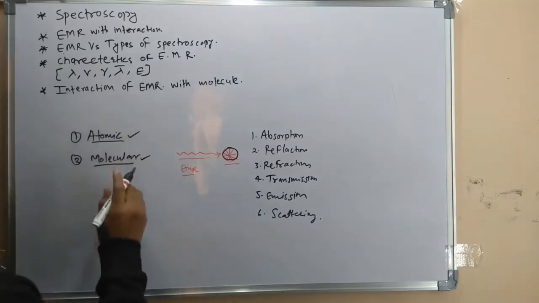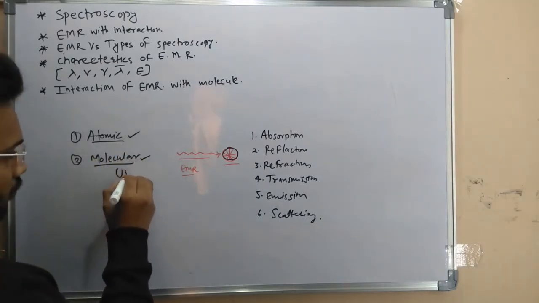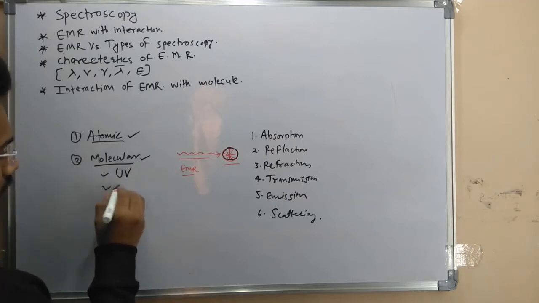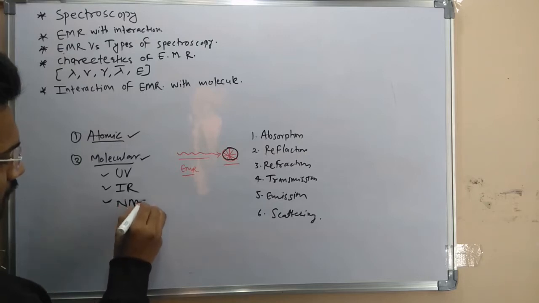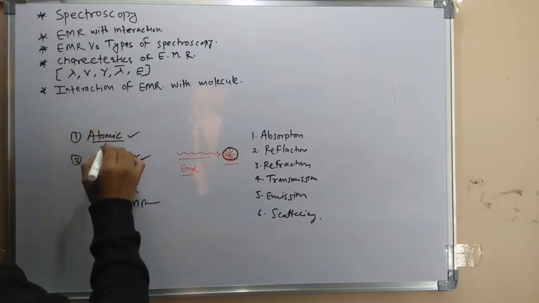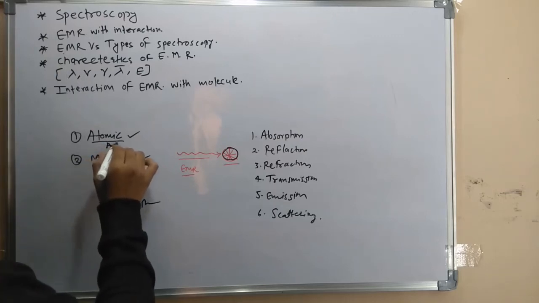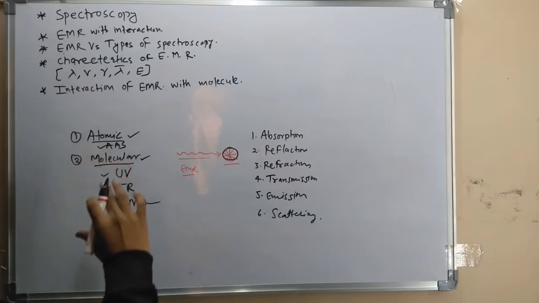Molecular spectroscopy includes UV visible, IR, and NMR. And atomic spectroscopy is atomic absorption spectroscopy. These are the types of spectroscopy.